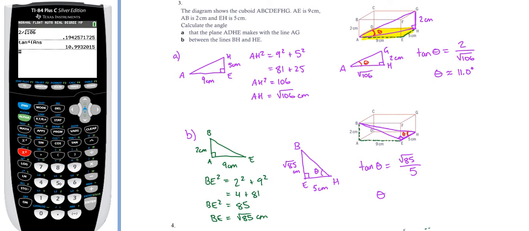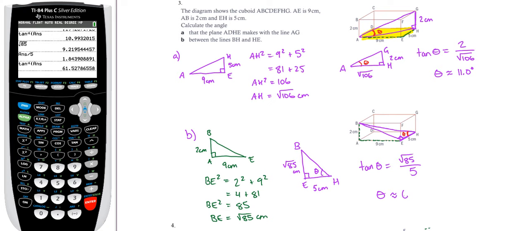So theta is the tan inverse of root 85 divided by 5, and I get approximately 61.5 degrees. So again, bit of a two-stepper, but it works out in the end.